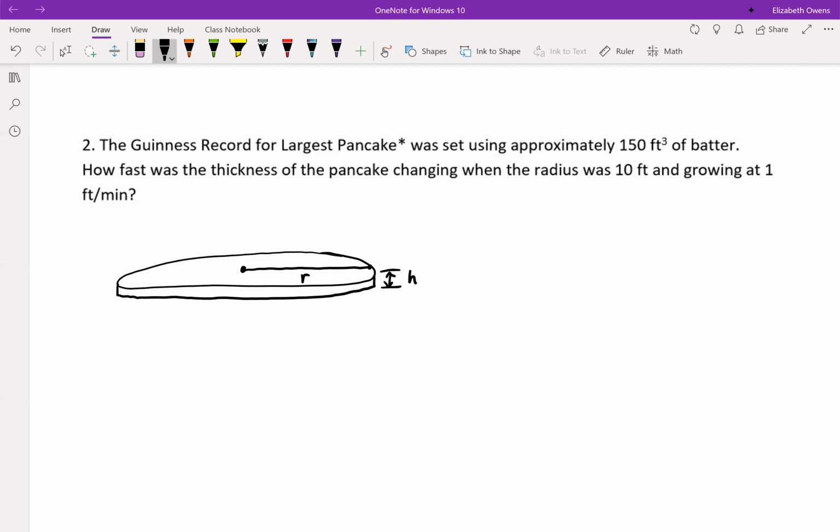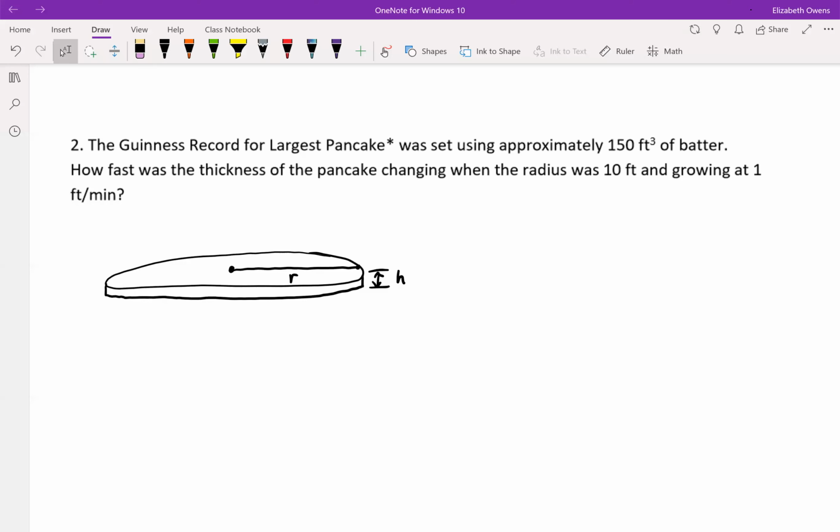There is actually, spoiler, one, but does anyone know which quantity is a constant in this problem? Not R and not H, but there's one thing that doesn't change as far as this pancake is involved.